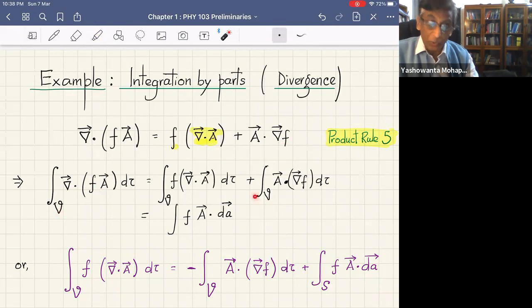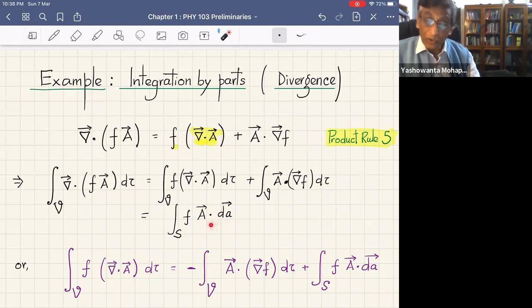But we also now know that the volume integral of divergence of fa d tau, I can make a surface integral corresponding to that volume, which is fa dot dA. Now we know that.